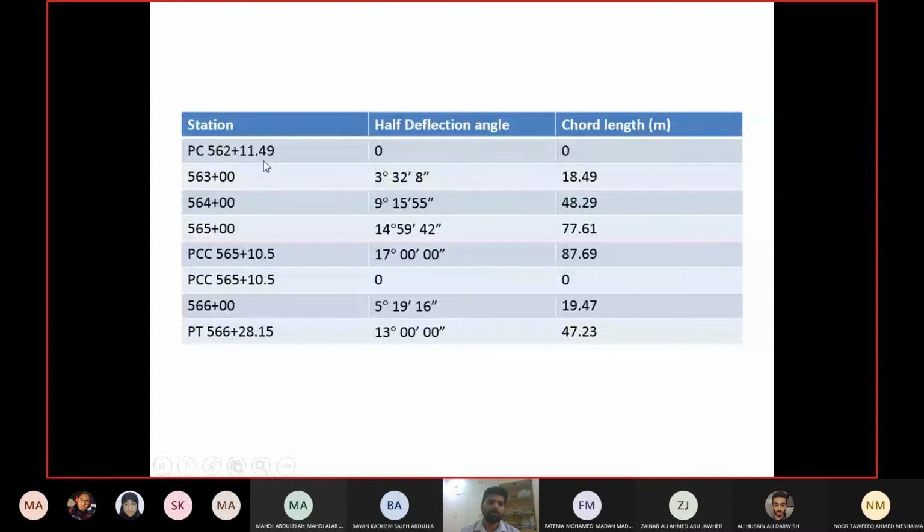Between 562 plus 11.49 and 563, the distance is 18.51. Sorry, 18.51 is the distance between PC, which is 562 plus 11.49, and the next station, which is 563 plus 00.